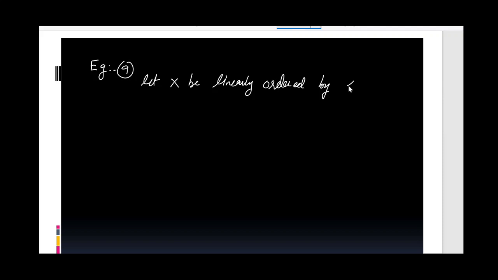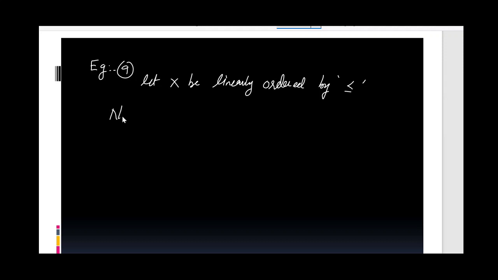Next we will see example 9. Let X be linearly ordered by less than or equal to.